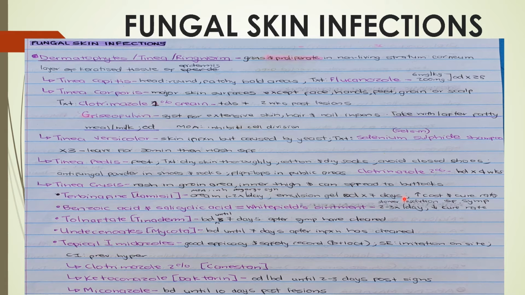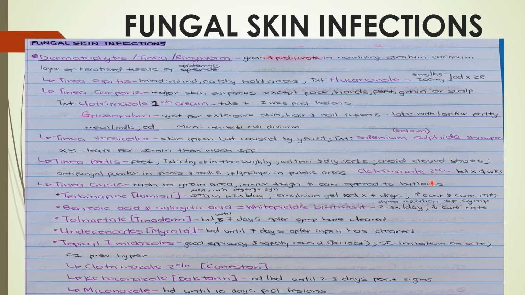Treatment would also be clotrimazole, but this one is a 2% cream and is used twice daily for 4 weeks. Please note that when it's tinea pedis, the concentration of the clotrimazole is a bit stronger, so it's 2%, while the one that you use on your head or your major skin surfaces is actually 1%.